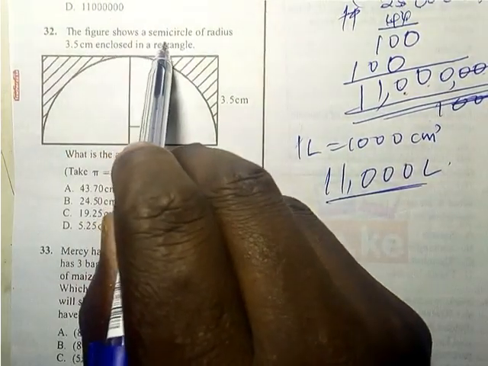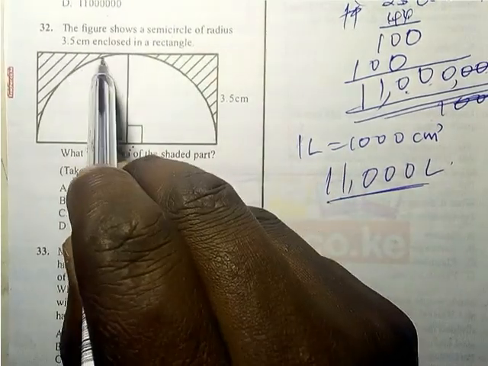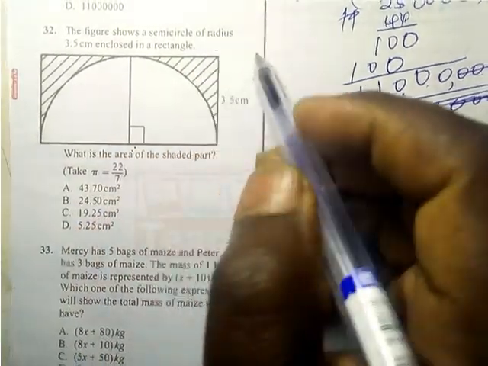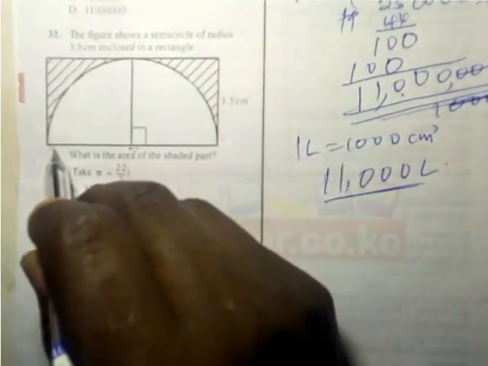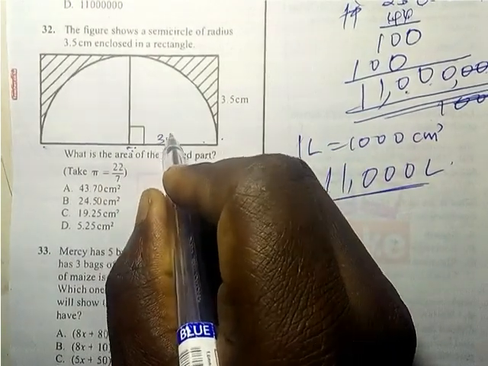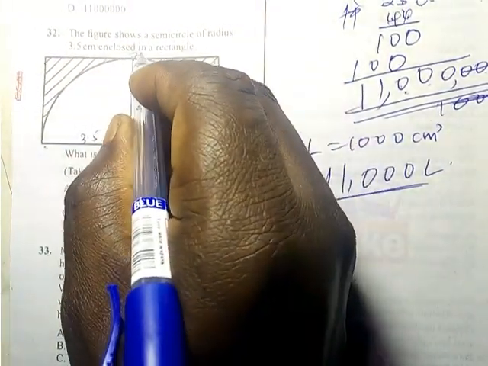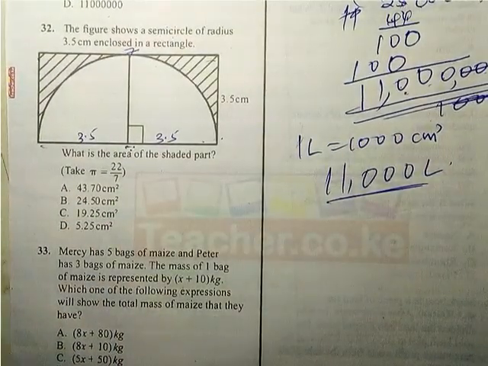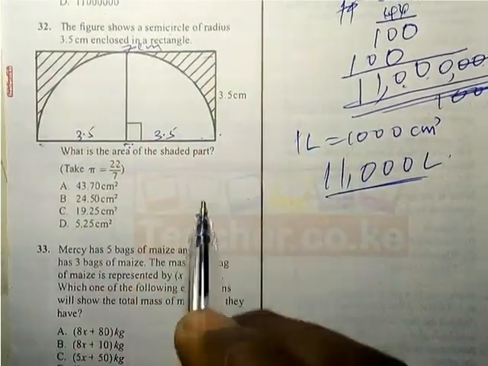The figure below shows a semicircle of radius 3.5 enclosed in a rectangle. So the radius is from here to here, because from here to here is the diameter. Here is 3.5, here is 3.5. So from here to here is 7 centimeters, 3.5 plus 3.5.